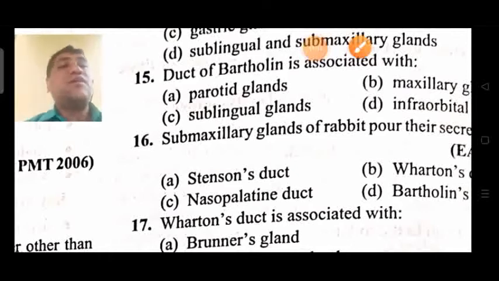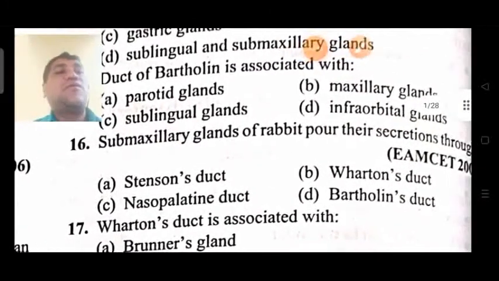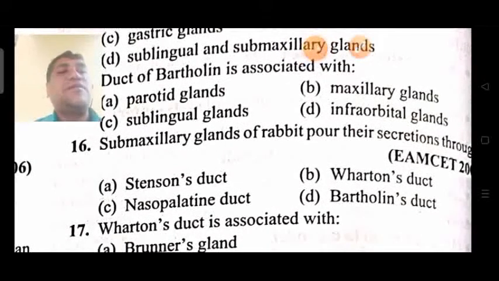Next, the ducts of Bartholin are associated with parotid glands, maxillary glands, sublingual glands, or infraorbital glands. Parotid glands are located in the cheek region. Maxillary glands are located in the maxilla.